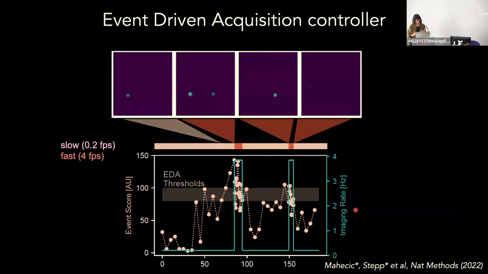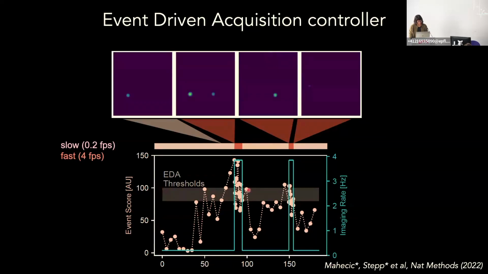And so the idea that we had was to use this kind of event detection on the fly to toggle our microscope between a slow acquisition when it was unlikely that mitochondria would divide and a fast acquisition when the likelihood increased. And so here you can see the maximum event score. That's the integrated probability at an individual site that the mitochondrion will divide.